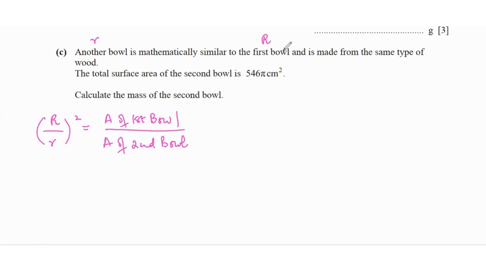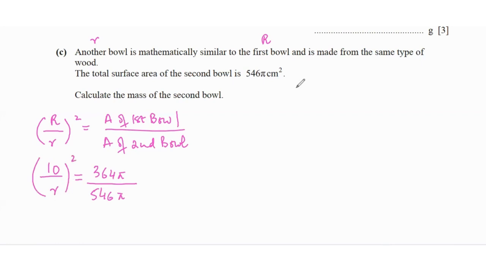So the first bowl had a radius of 10, so 10 over small r, whole squared, equals the area of the first bowl, which was given as 364 pi, over the second bowl, which is 546 pi.